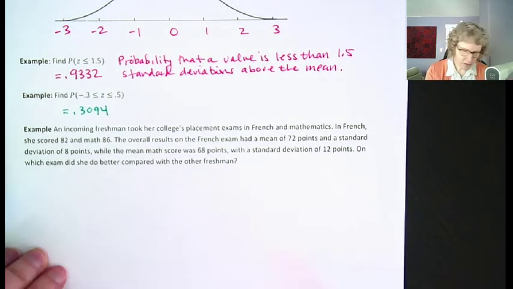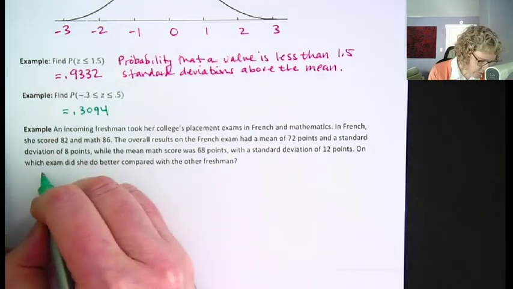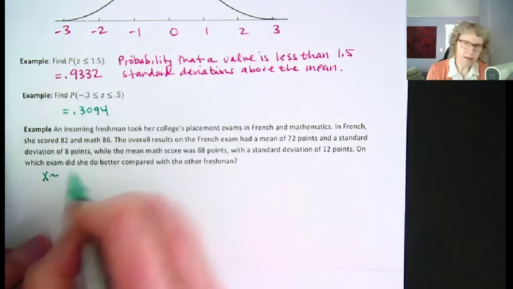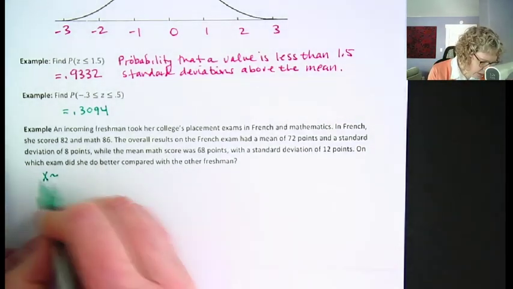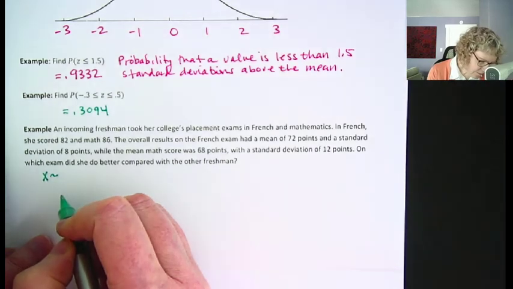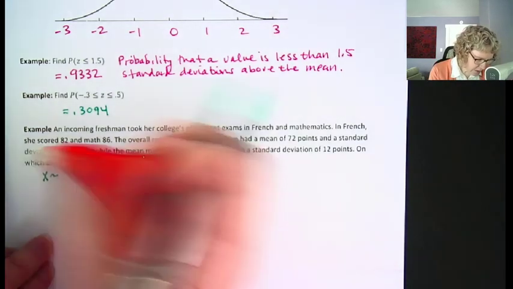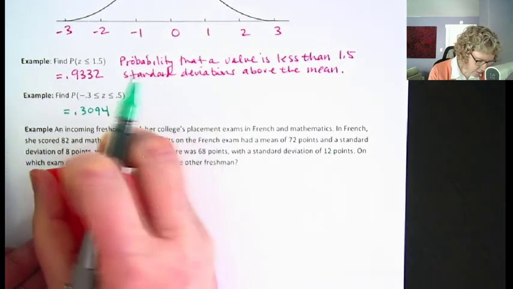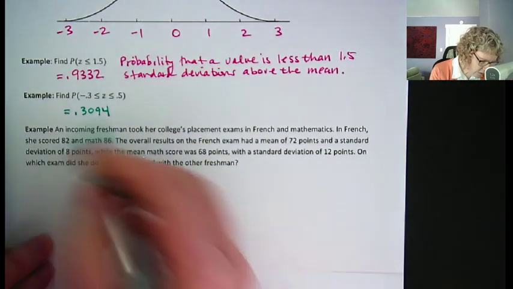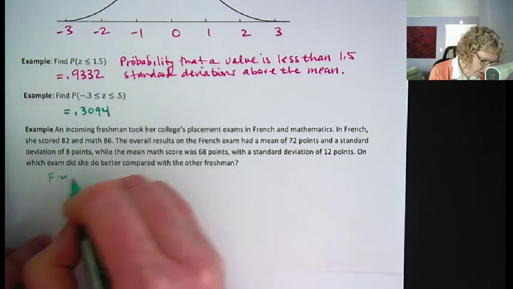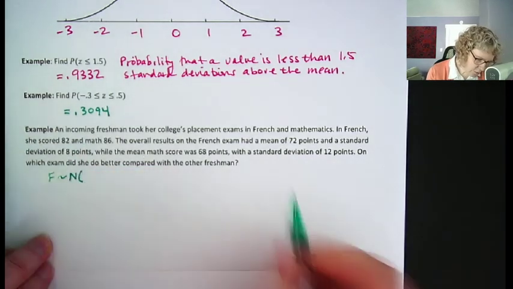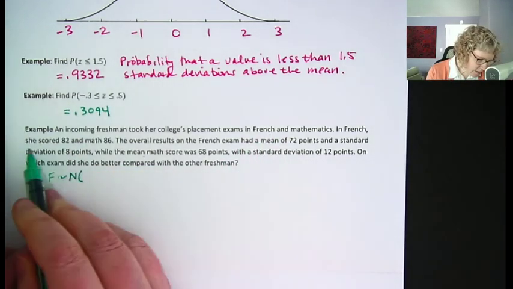Okay, so let's try this out. So first I'm going to label each of my distributions because I find it helpful to pull out the mean and the standard deviation. So X, well, actually I should use French and math. That will be a little easier. So let's say French, because we don't have to use X, we can use a different letter. French is distributed as a normal distribution.